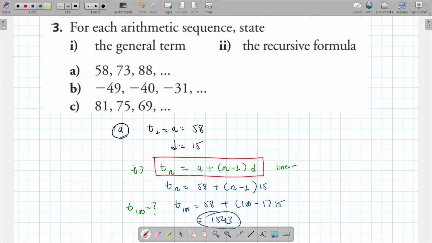In cases like those, we use something called a recursive formula, which gives you the next term using the term directly before.